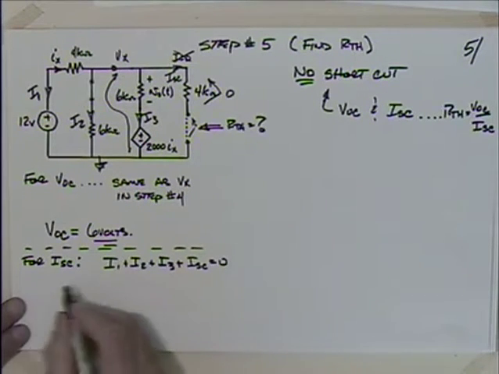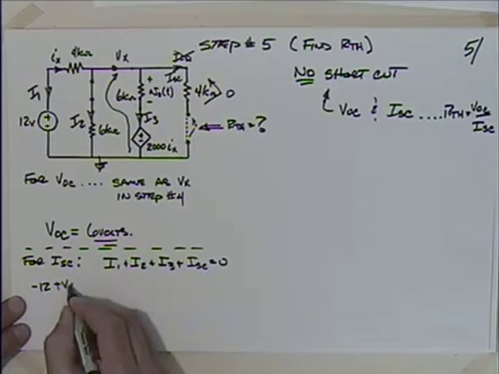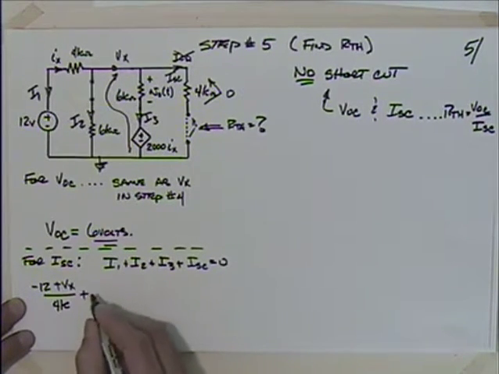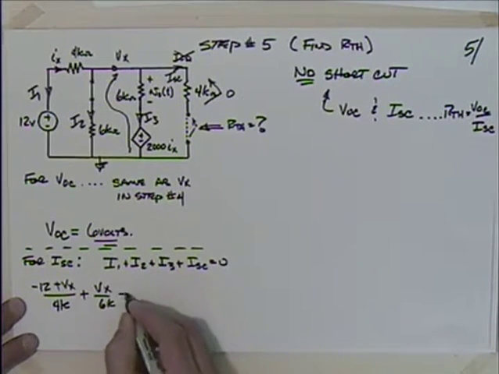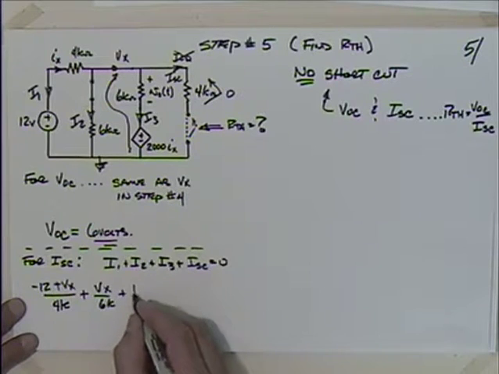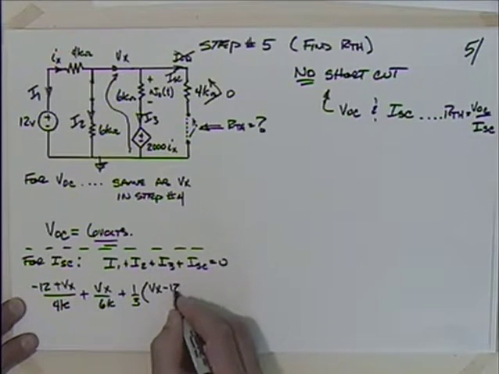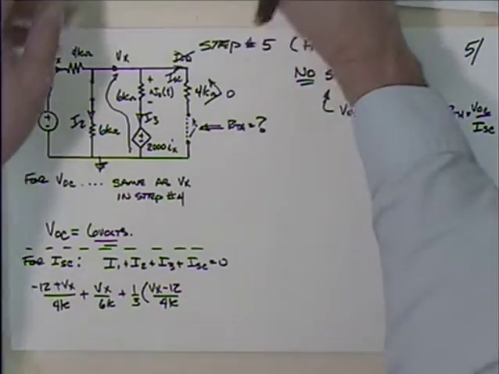So what are we going to have? Oh, we're going to see similar terms to what we've seen before. Minus 12 plus Vx over 4k plus I2, which is Vx over 6k, plus that third times Vx minus 12 over 4k. Make sure I got that right.